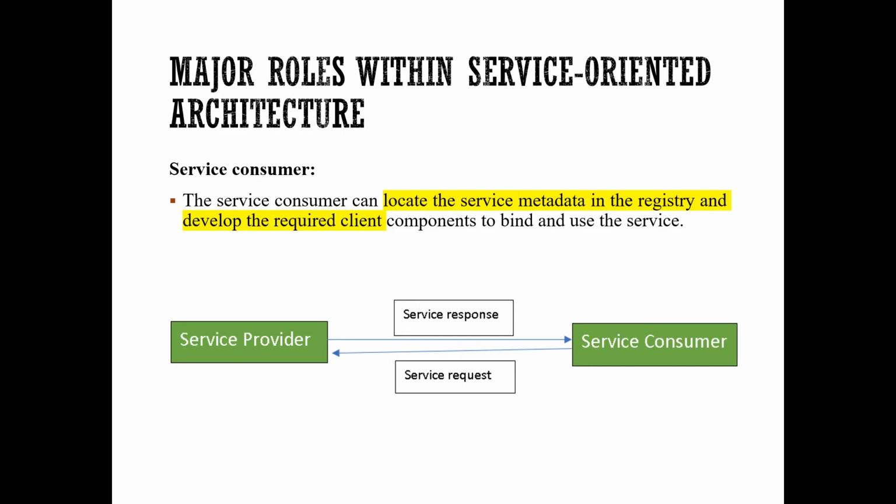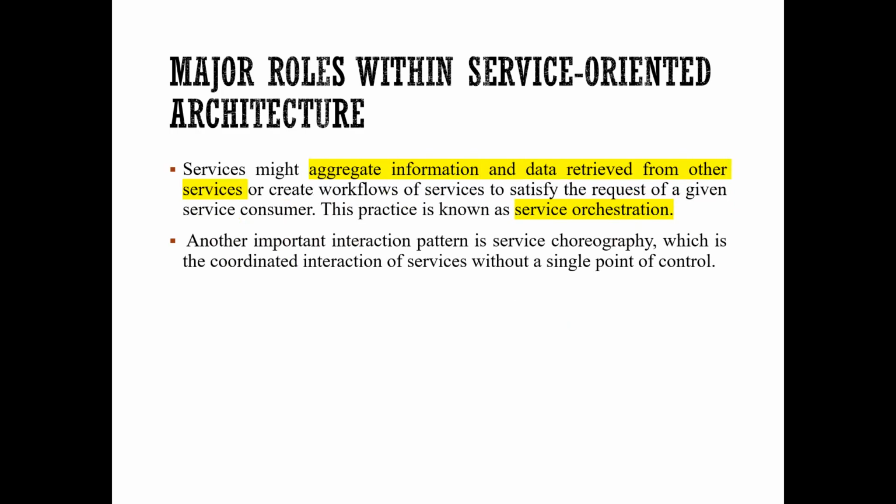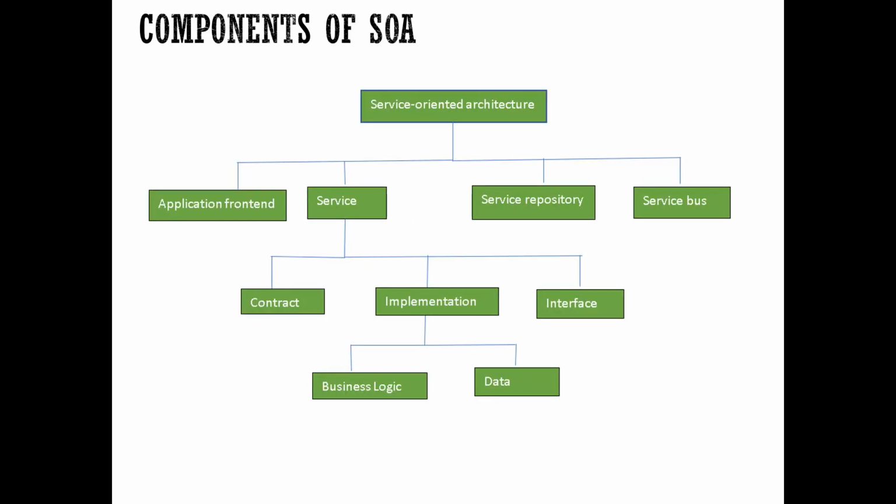A service consumer searches for the required service and uses it in its application. The next one is the service registry. A service registry acts as a directory. It stores all the information about all the services. For example, Google search is the best example of a service registry.